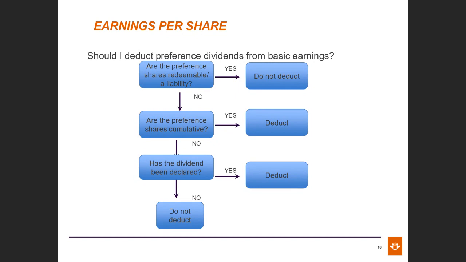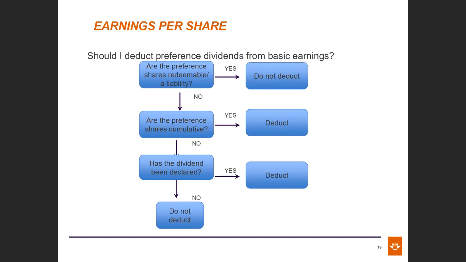If we ask ourselves, do we have preference shares that are cumulative, and the answer is no, meaning they are non-cumulative, then we need to ask ourselves, has the dividend been declared? If the dividend has been declared, then yes, we are going to deduct the preference dividends from our profit when calculating our basic earnings.